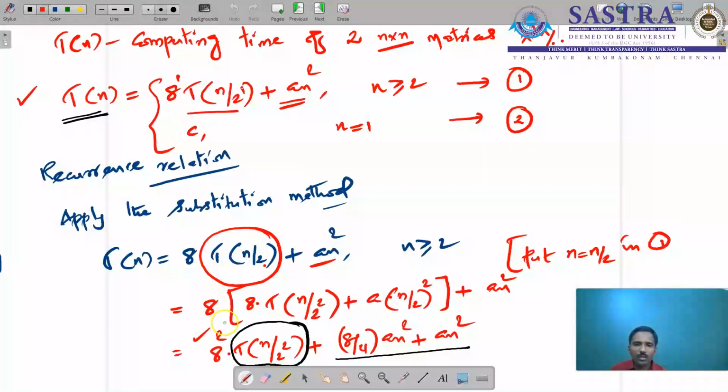Previously, 8 square means this is (8/4)^1 into a n square.